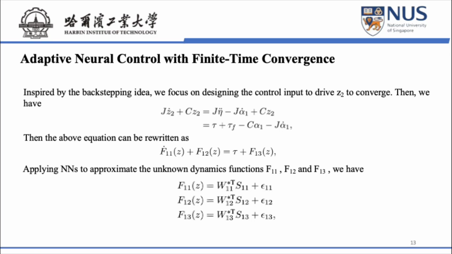About the neural networks, we would like to rewrite the above equations as follows, where f11 dot plus f12 equals tau plus f13. Applying neural networks to approximate the unknown dynamics functions, we will have the following equations.